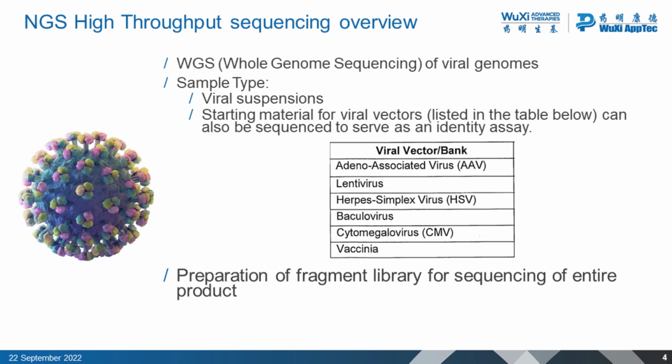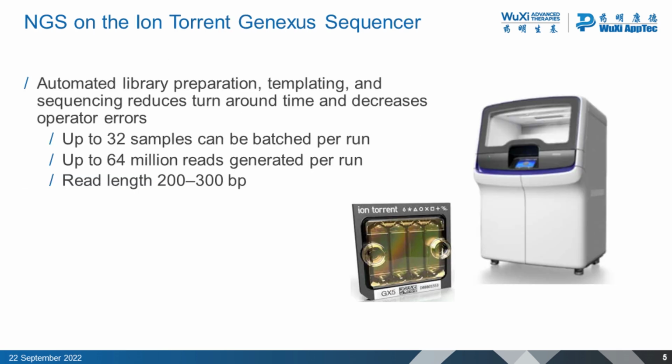In addition, we can also sequence starting materials that are listed in the table below, for example, HSV, baculovirus, CMV, and plasmids, which can serve as an identity assay. The process starts by preparing a fragment library of the client product, which could be a lentiviral vector or an AAV vector. The fragment library is prepared, followed by sequencing of the entire product.